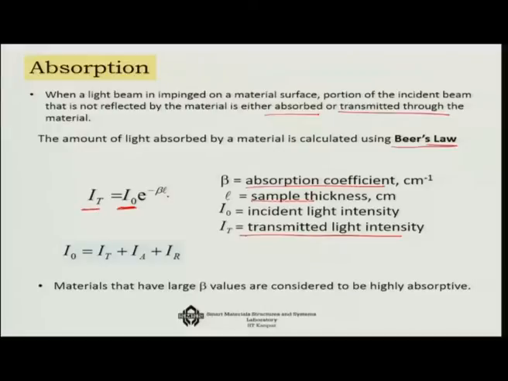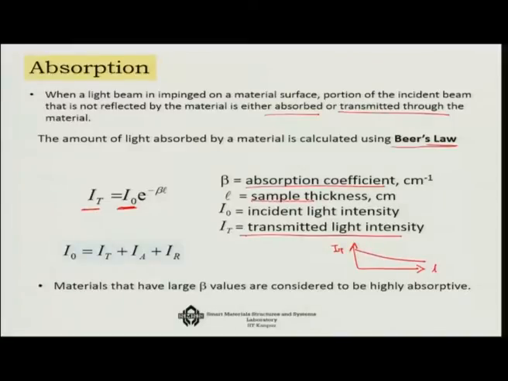So, the intensity IT, with respect to the thickness as well as with respect to the absorption coefficient, will fall exponentially. With respect to length or with respect to the absorption coefficient beta, either of them, it exponentially falls down.